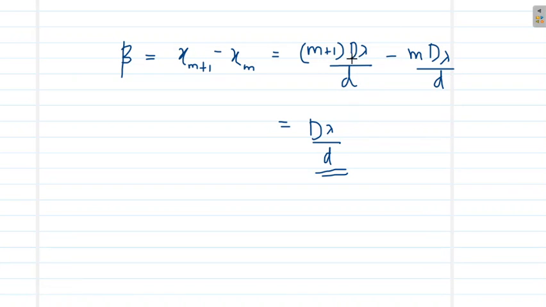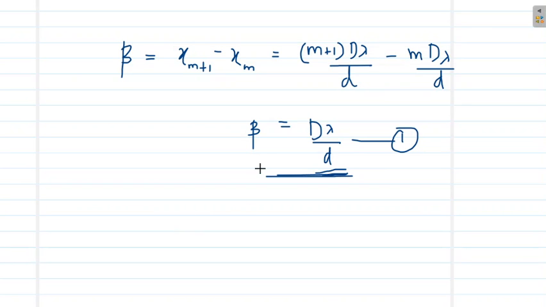The terms will cancel out and the remaining term will be d lambda by d. This is the equation for fringe width beta. Even if you do the same procedure with the equations of dark bands, you will get the same equation. That means the bright bands and dark bands are equally separated in the Young's interference pattern, and beta is equal to d lambda by d. This means that the bright and dark fringes are parallel.